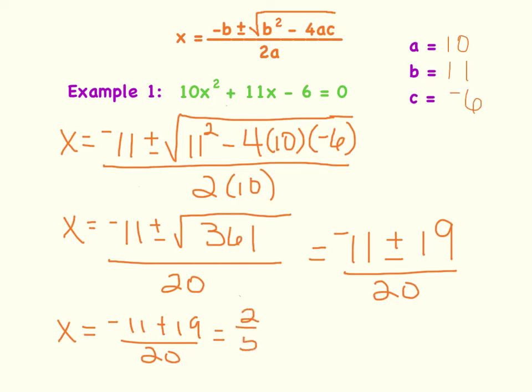And now for my other solution for x, that is going to be negative 11 minus 19 divided by 20. And that answer is negative 3/2. Now let's go ahead and try another example.